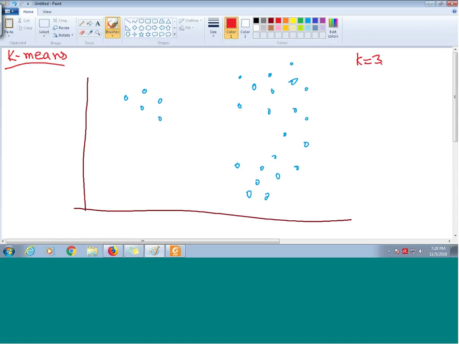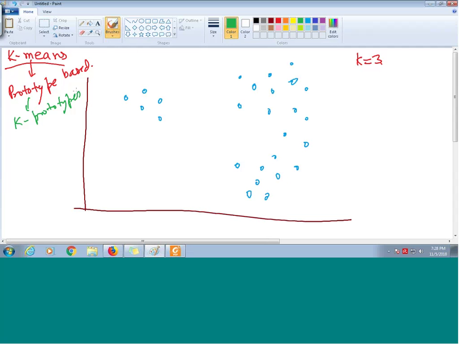I told you that this algorithm is prototype based. So I need some prototypes. How many prototypes do I need? K prototypes. Where are those prototypes? I don't know, so let me put some. You can choose any location.